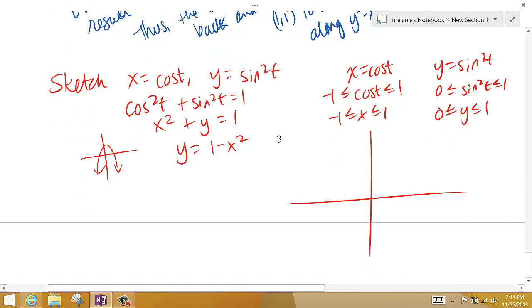So x has -1 and 0, +1 and 1. So my picture looks like this. Same kind of thought as the previous one. Just goes back and forth, back and forth along this parabola. It's pretty neat, huh?